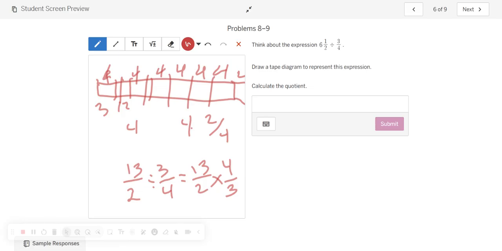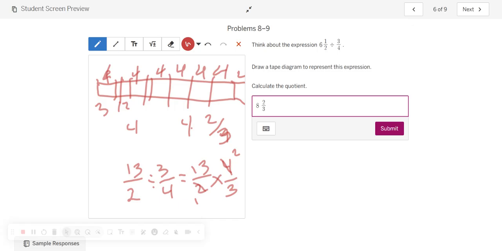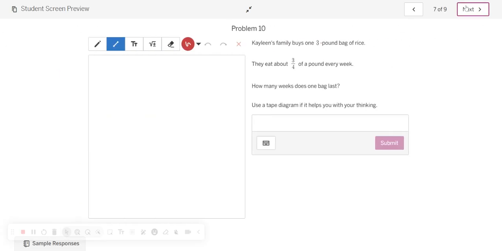But I get 26 thirds. 26 thirds is, oh, it's 8 2/3. Why is it? Oh, because each one is 3 pieces. I'm sorry. Each one has 3 parts, and so the last 2 is that way. Submit.